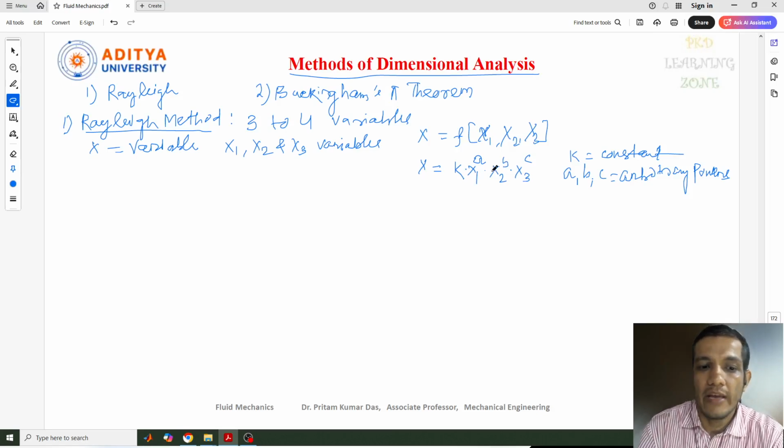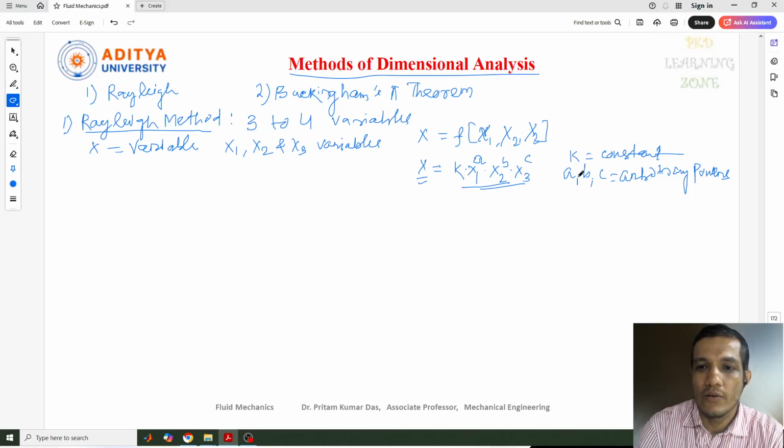Now the values of a, b, c can be obtained by comparing the power on the right hand side and on the left hand side. What is the power on this side and what is the power on this side? That can be identified by comparing the dimensions on both sides.